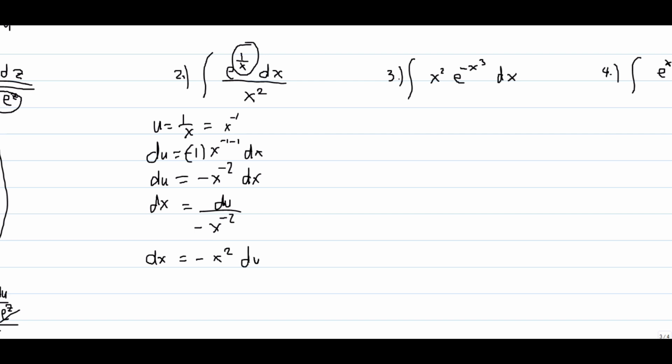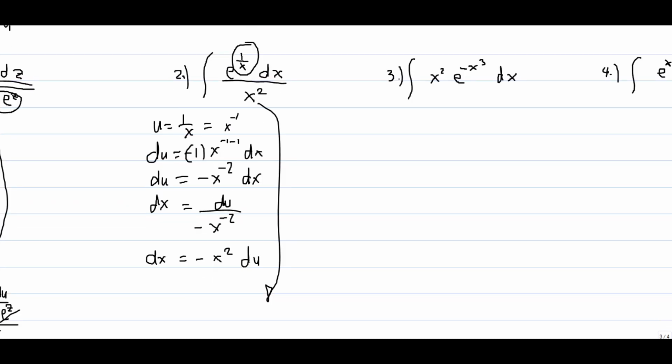Okay, so take note the inverse function of 1 over x to the power negative 2 is x squared. Okay, so that we can obtain the equivalent of dx, which is negative x squared du. Then we can change the given so that we can integrate.